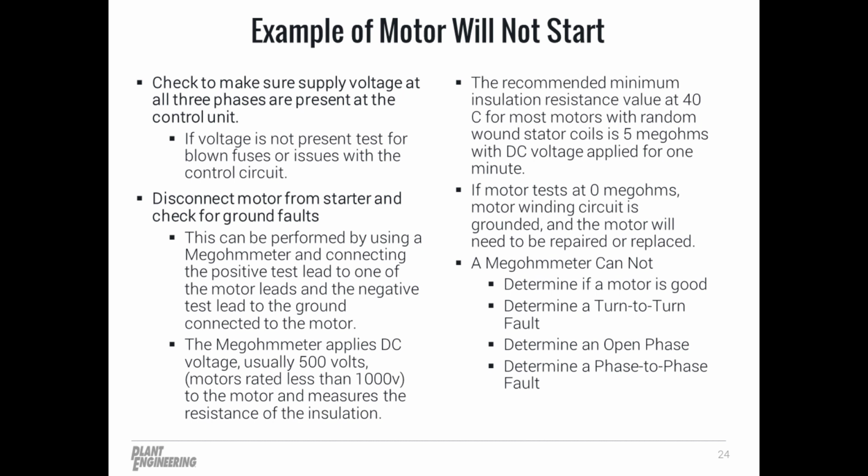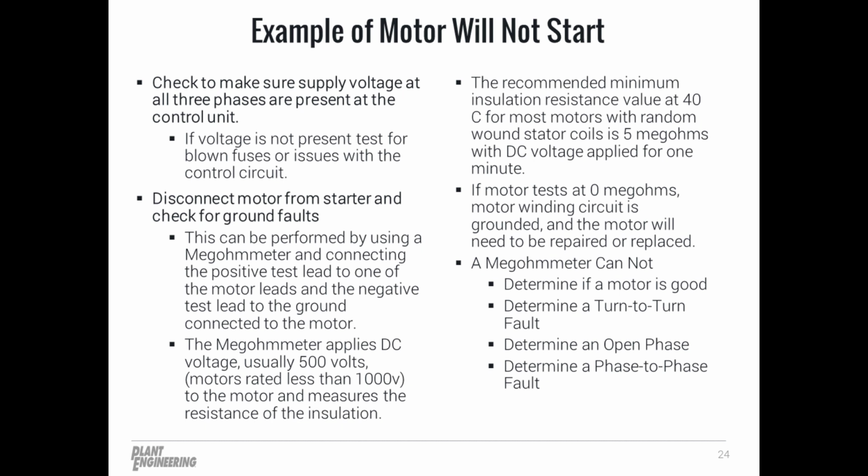If a grounded motor is suspect, this can be tested by performing the insulation resistance test, also known as the hour test. With this test, the megohm meter applies 500 volts DC to the motor and measures the resistance of the insulation to ground. The applied DC voltage is why it's important to remove the motor leads from any control circuit, to prevent any damage.